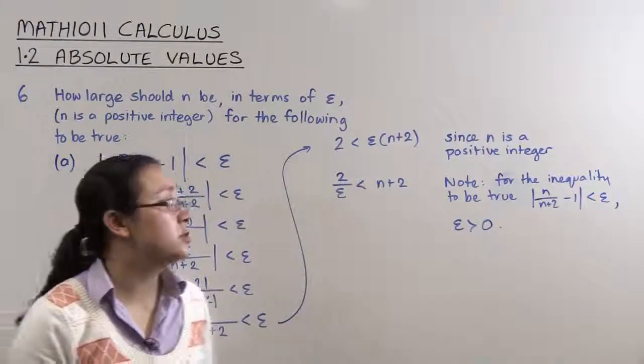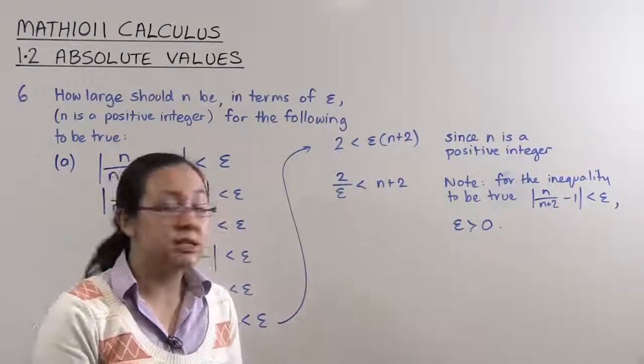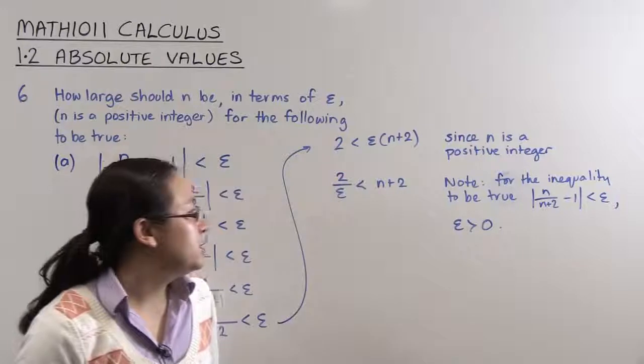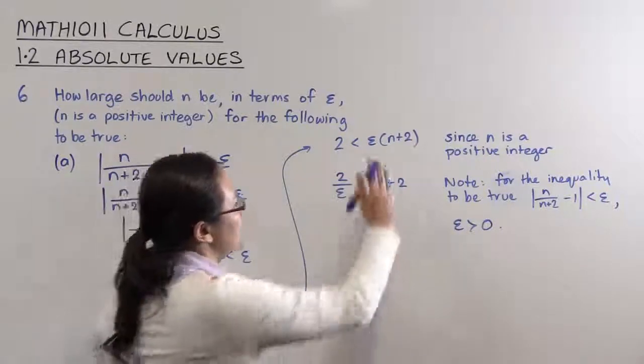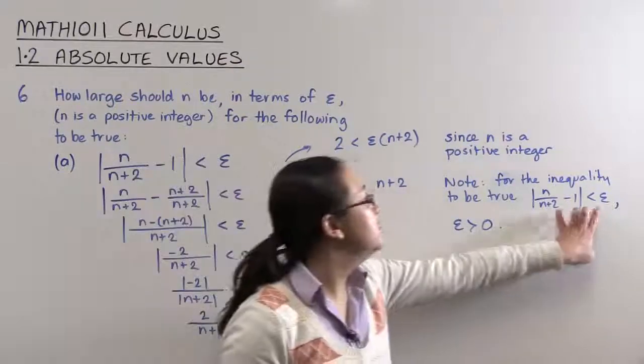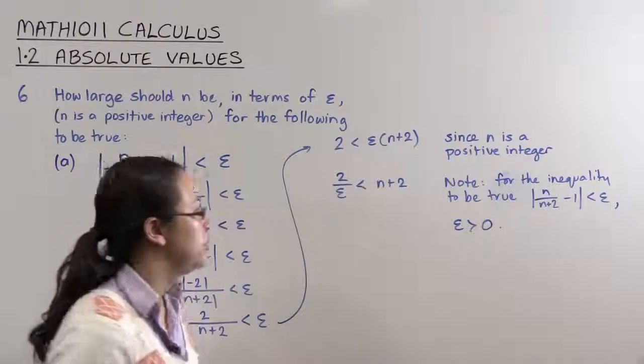So absolute values are greater or equal to 0, so it has to be positive. It takes a little bit of thinking to see why it can't be equal to 0 as well, but that's true too. So I can divide by epsilon without worrying about flipping the sign, because if I go back to the very original question, for that to be true, epsilon has to be positive.